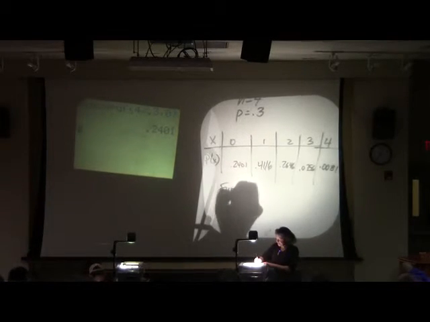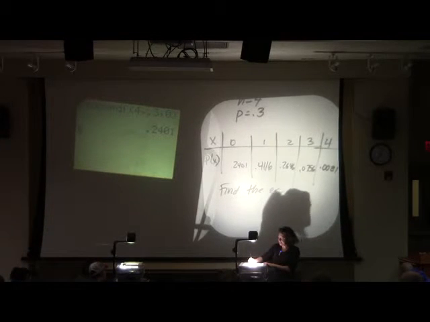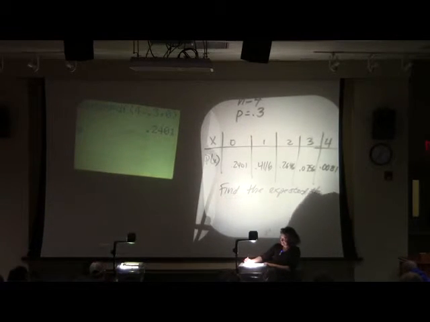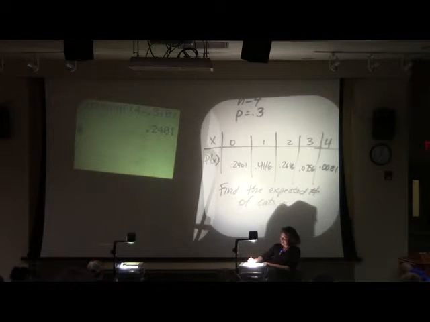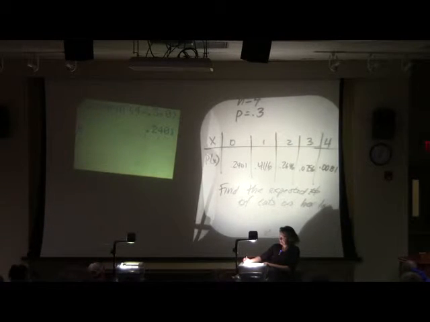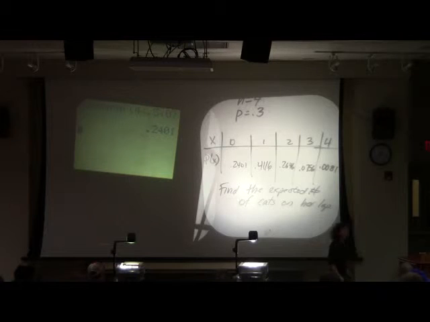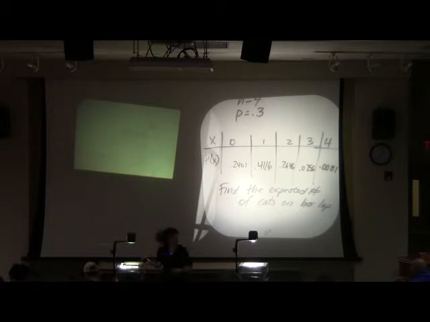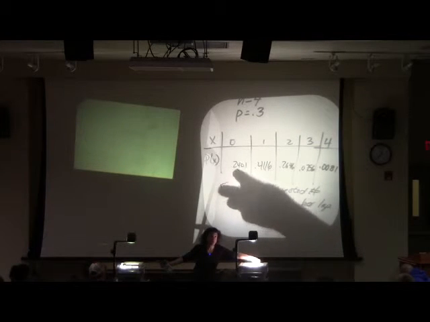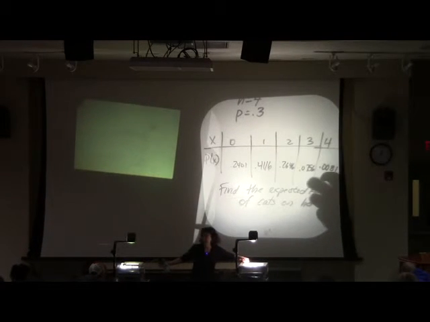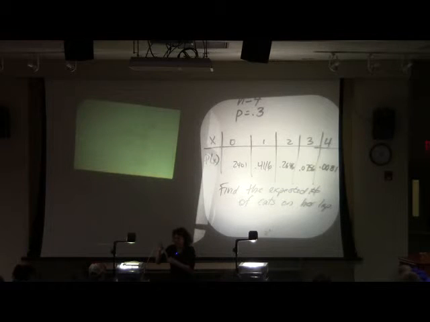What if I ask you to find the expected number of cats on her lap? Now that we have a probability distribution table, could we do this? Yes. Doesn't your formula say to take each x value times the corresponding probability and add them up?